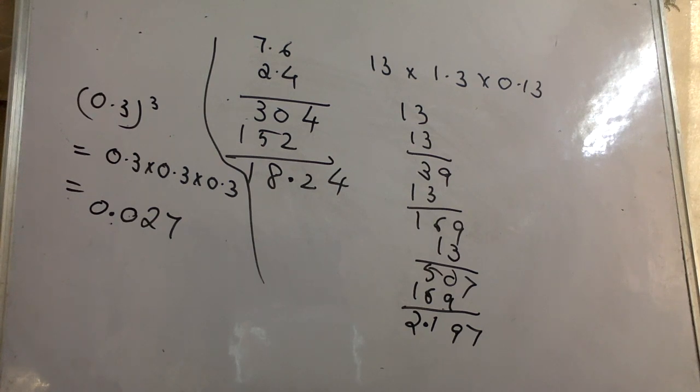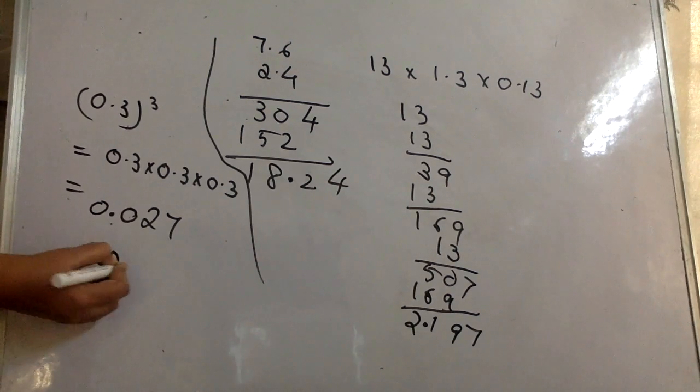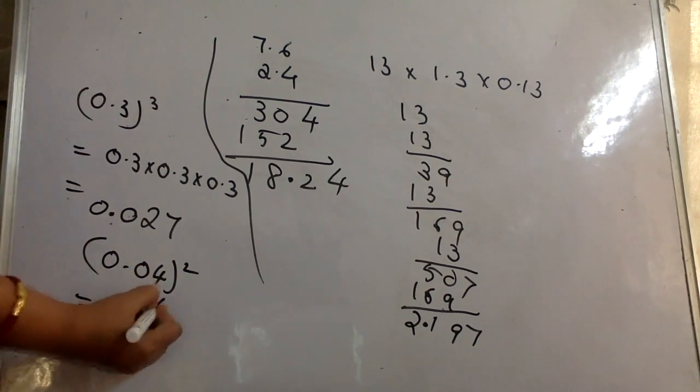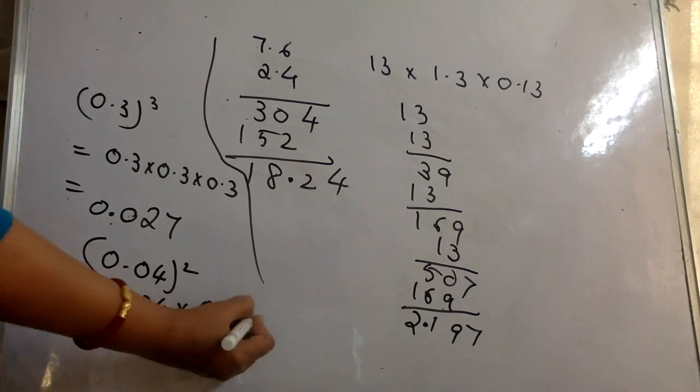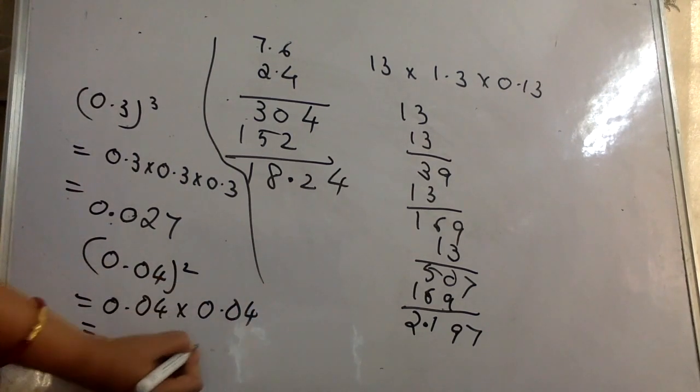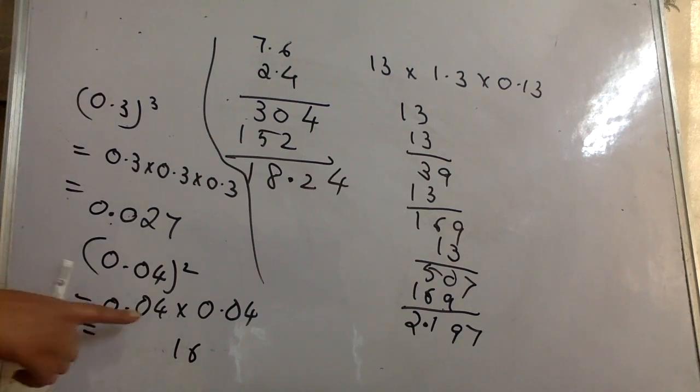Let me take up another question where you'll understand the same concept a little better. It is 0.04 square. It simply means 0.04 into 0.04, right? And that is how much? 4 into 4 is 16. Now let's look for the points. 1 place, 2 places, 1, 2, 3, 4.